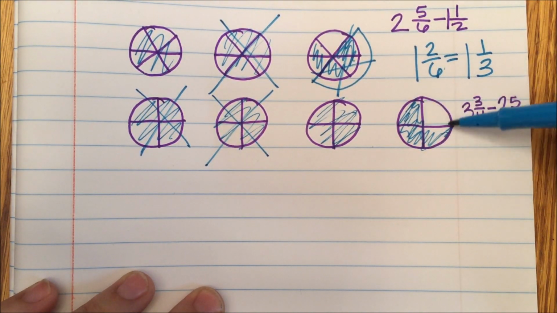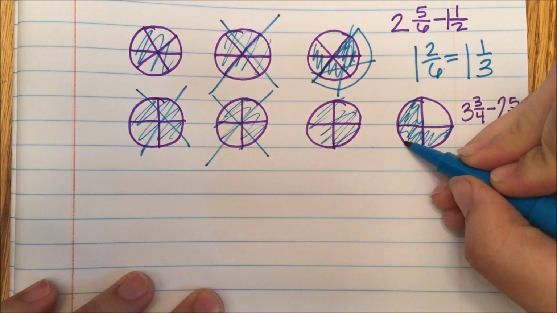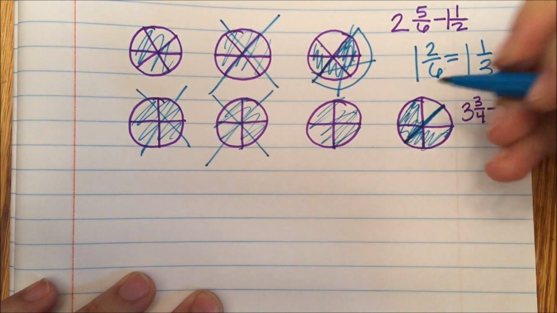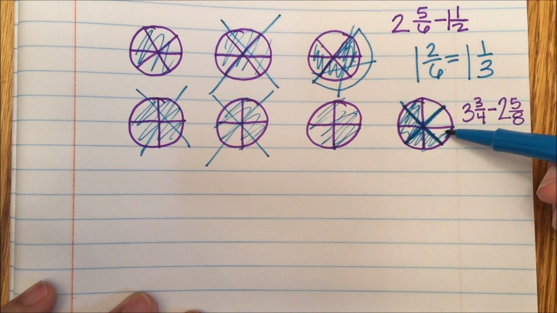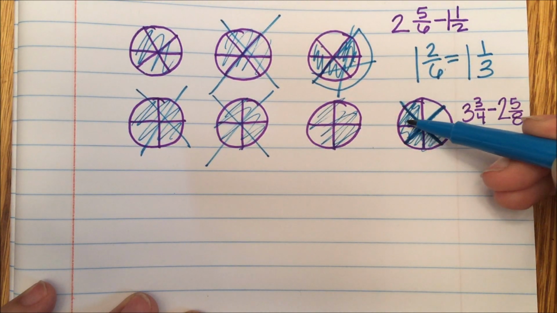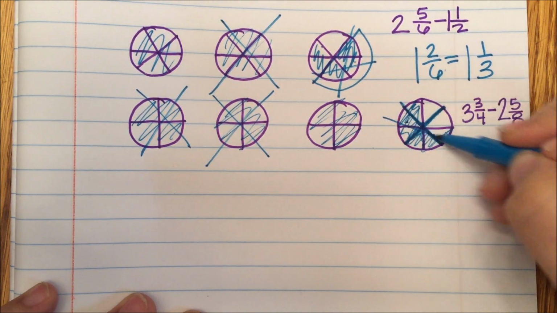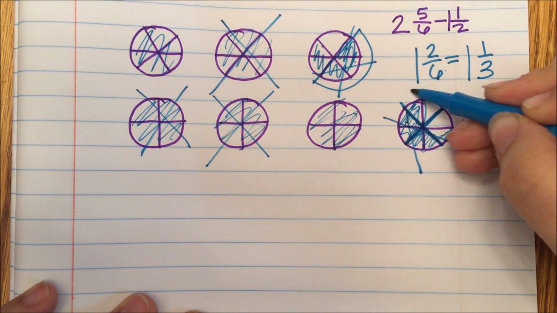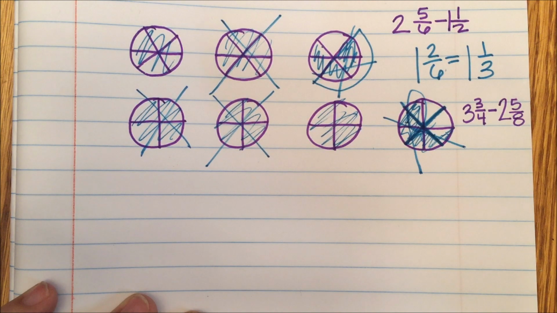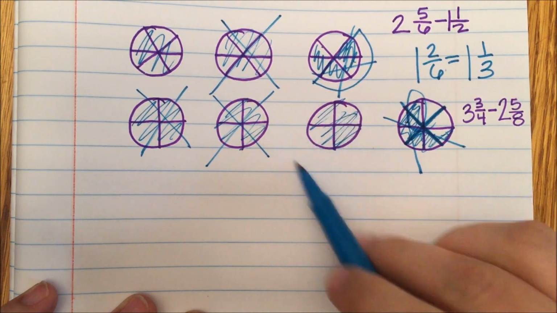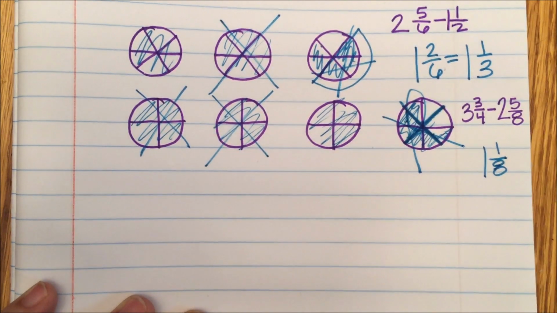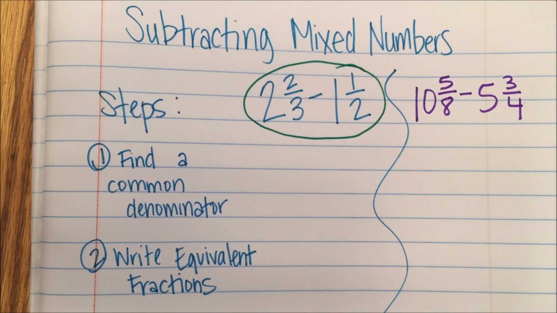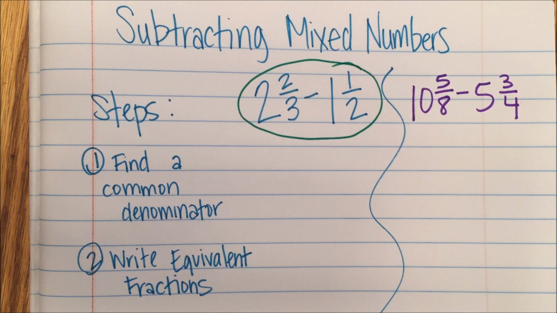But this is split into 4s, but I can go ahead and split it up into 8s. So then I've got 1, 2, 3, 4, 5, and just this 1/8 left over. So my answer would be 1 and 1/8. Now we're going to look at the actual steps and how to work out a problem without a model.